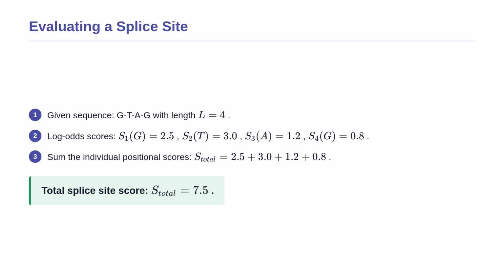We simply add these numbers together. The total calculated score for this potential splice site is 7.5. This positive and relatively high score indicates a very strong match, telling the software to confidently annotate this exact location as the boundary of an intron.